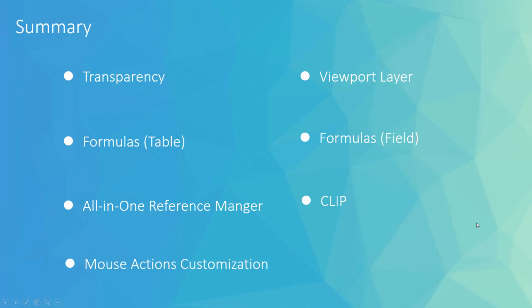Okay, so for the new features, let's just give a summary. In this version we provide the transparency and also the viewport layer properties to override the layer property, and also the formulas for both table and field, and we provide the all-in-one reference manager and clip command for the reference object, and also we provide mouse actions customization.